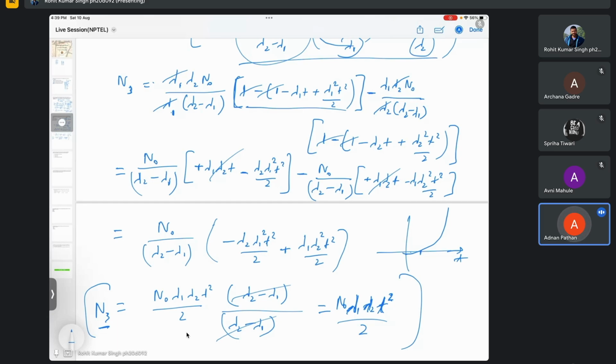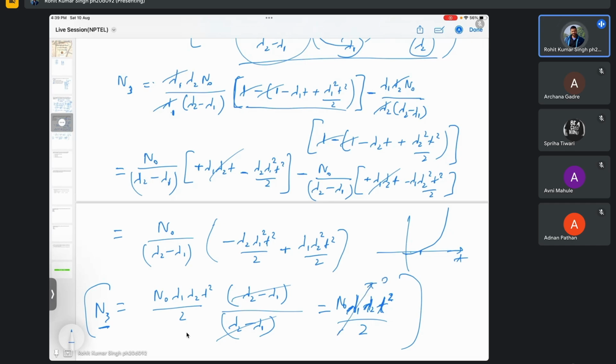Here, unlike the previous question, why did we consider the second order of time? If you're taking very short time spans, then shouldn't we neglect the t square as well? Yeah, if you neglect it, then it will be just zero. You can neglect it here also, put it zero.